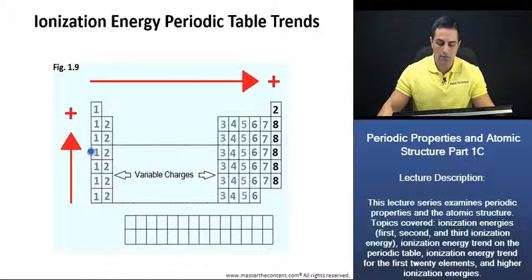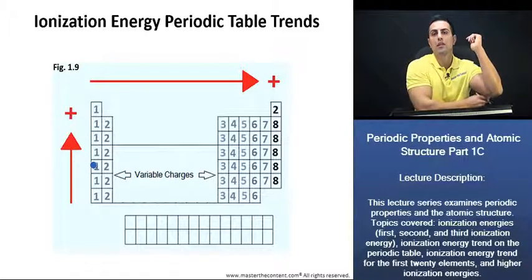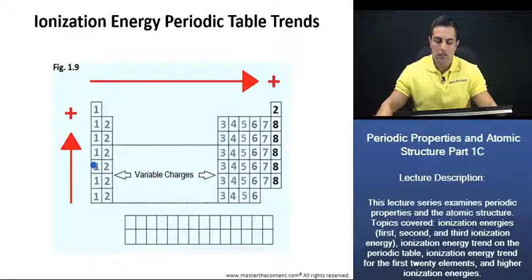And if they're on subsequent quantum levels, then those valence electrons are going to be farther from the nucleus. And if they're farther from the nucleus, they're not going to have an attraction for the nucleus that is as strong. And that term that we had used in part 1b was called the effective nuclear charge.